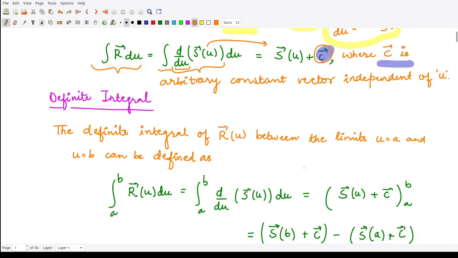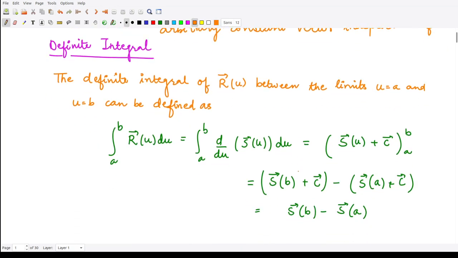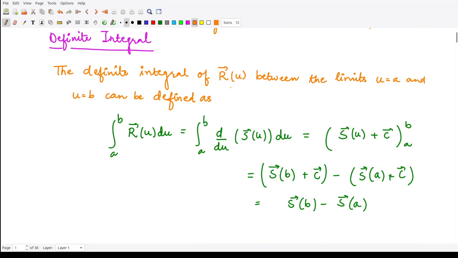Moreover, we can define definite integrals. The definite integral of the vector function r of u, with the independent variable u varying from a to b, could be defined in a similar manner.